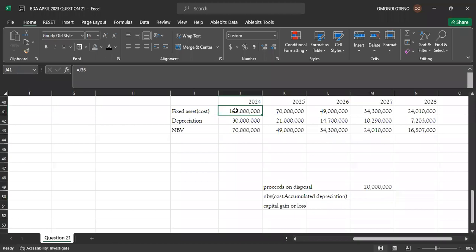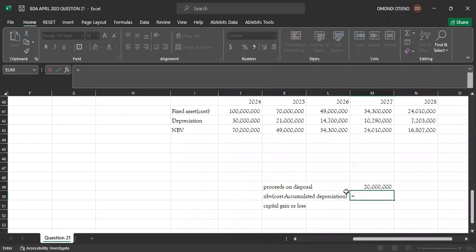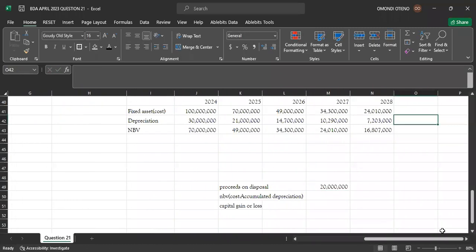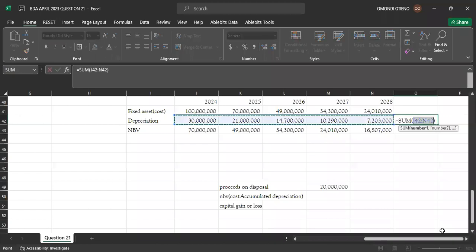The cost is this one here, at the initial stage, 100 million. Accumulated depreciation is the summation of the depreciations for the entire project life. So just get the summation of the depreciations there.